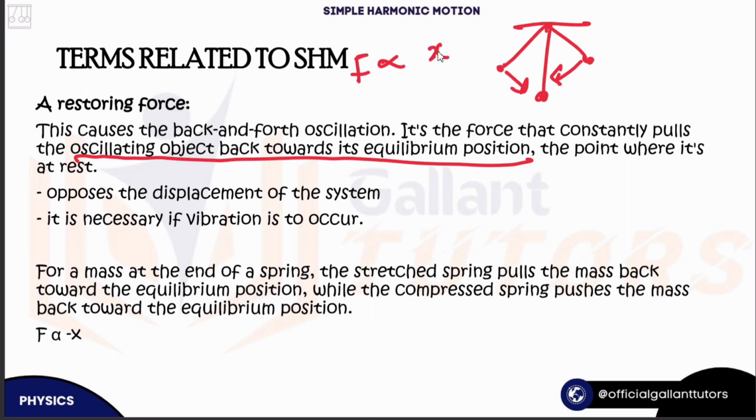But is it just x? No, it's not just x. Because as the force increases, the displacement actually reduces. So force is directly proportional to negative x. Is that very clear?